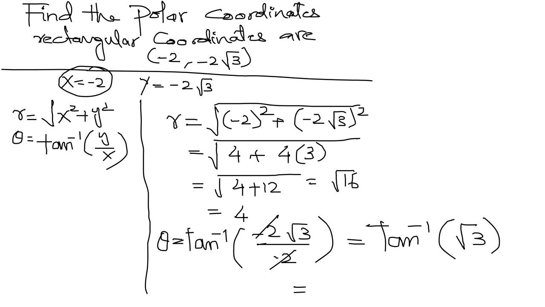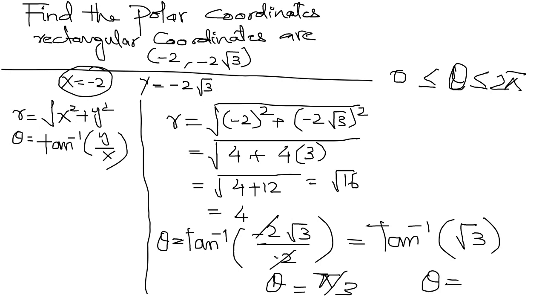From the calculator you can calculate the values. When theta is between 0 and 2 pi, you will get two values. One value is theta equal to pi by 3, and the other value is theta equal to 4 pi by 3.